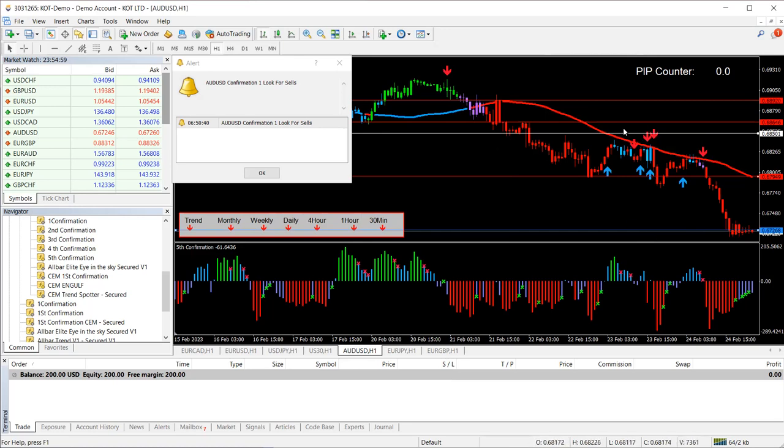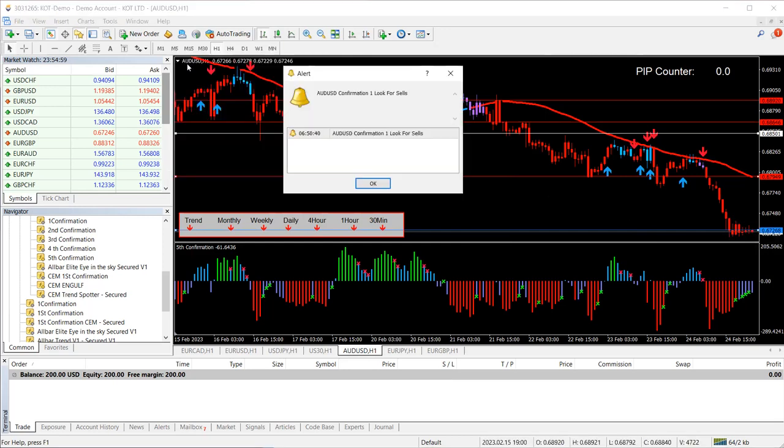Okay, so now that we have that and we're like, okay, I'm going to take the trade, then we will. So look over here, AUD USD. You could either click the drop down here, and we will be selling the market because it's going down.